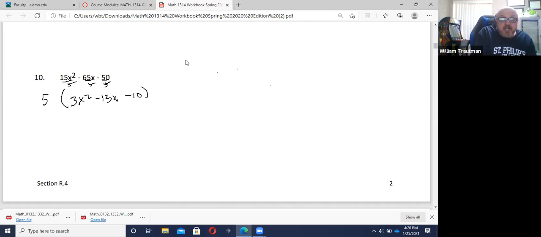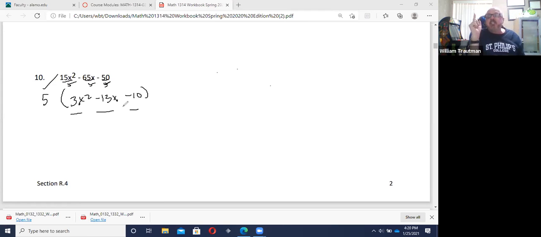Now we have factoring 3 terms. Do you see? The 5 is part of our answer. I'm done with that. I'm just looking at this now. Factoring 3 terms when the number in front of x squared is not 1. We have to use the splitting of the middle and factoring, factor by grouping. So first we have to split the middle. This is 3 terms when the number in front of x squared does not equal 1.